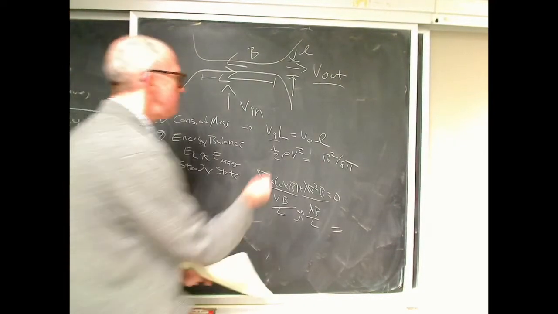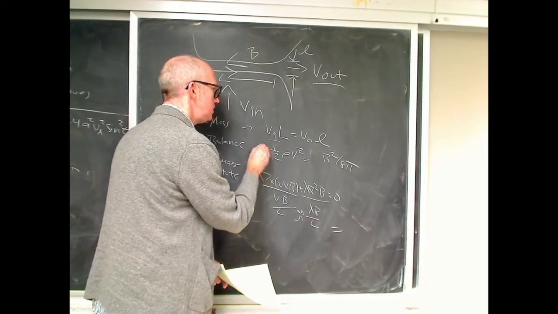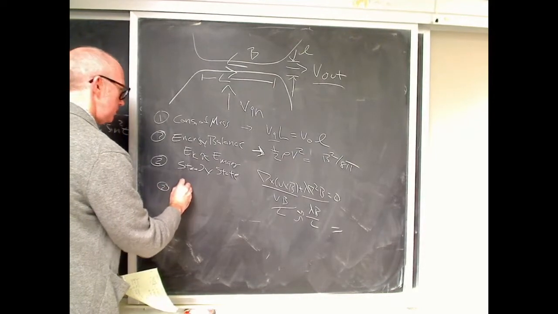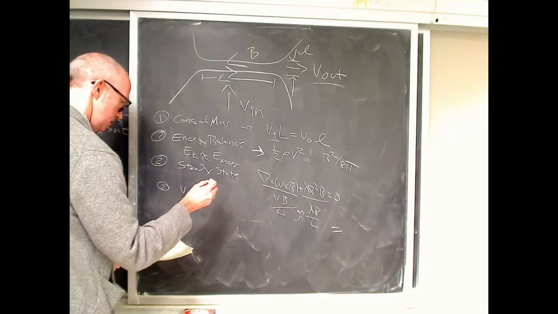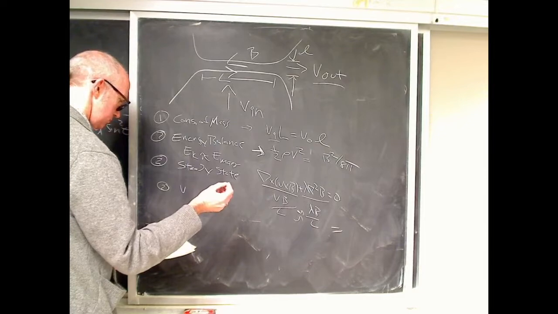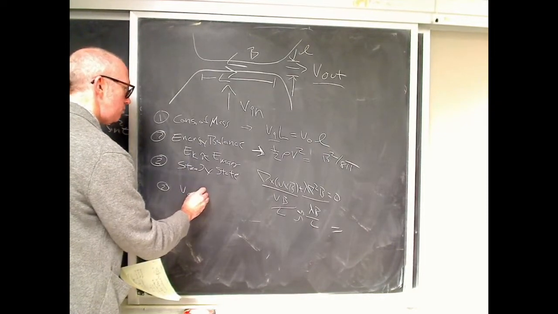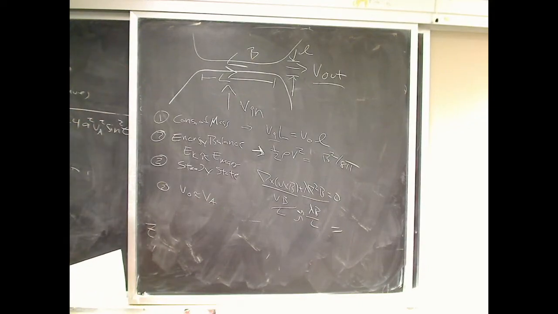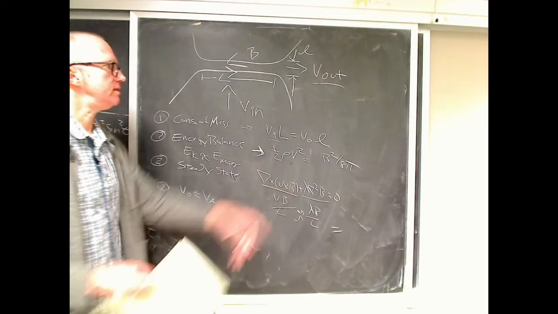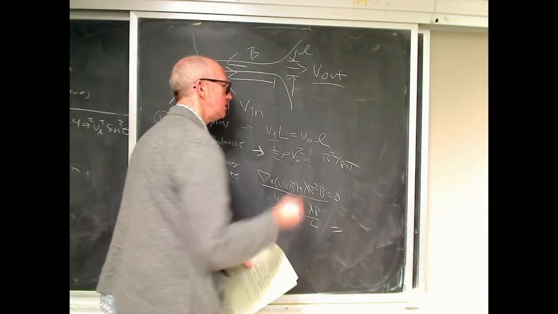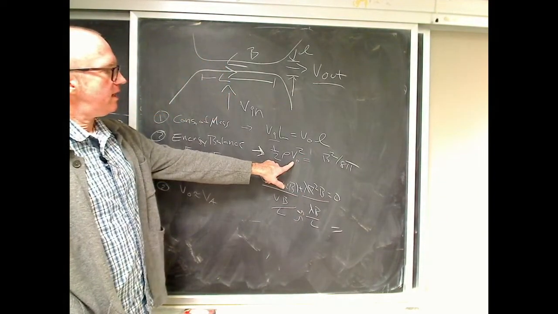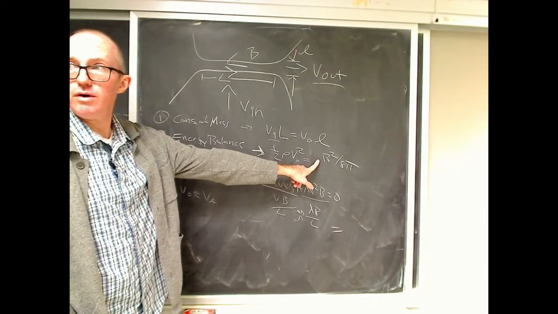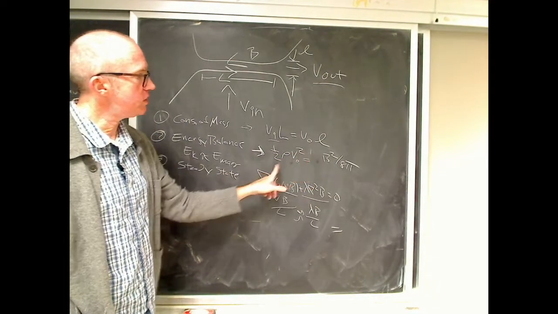So from here, from 2, this gives us, where'd it go? V output is roughly V Alfvén. You see why this says V output equals V Alfvén? This is output velocity. This is V squared, and on the other side is B squared over rho. There's a 2 that cancels that.